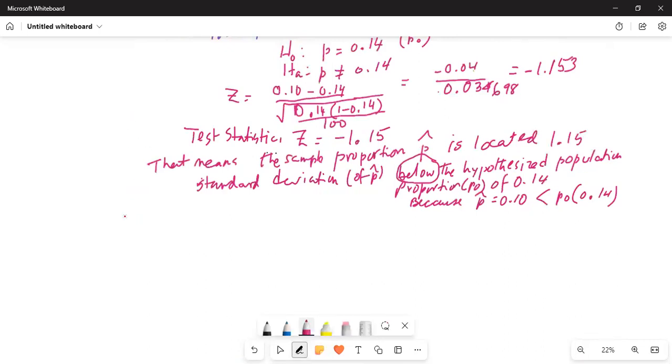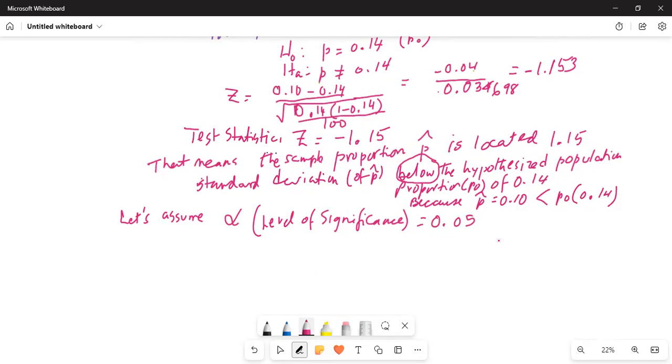Okay, let's assume alpha, the level of significance, is equal to 0.05.